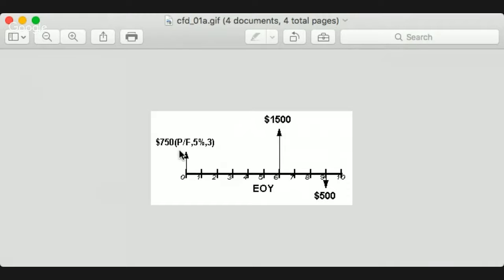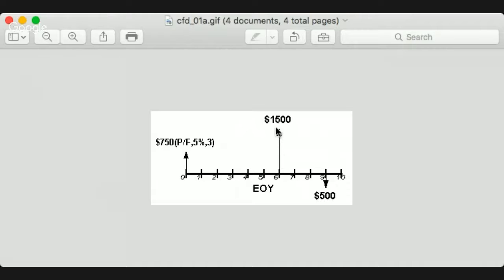So we would read this term, $750 times P given F, 5% for 3 years. This converts a single future value to a present amount today. That would be step one. So we would take the $750 and we convert it to an economically equivalent amount at time 0.